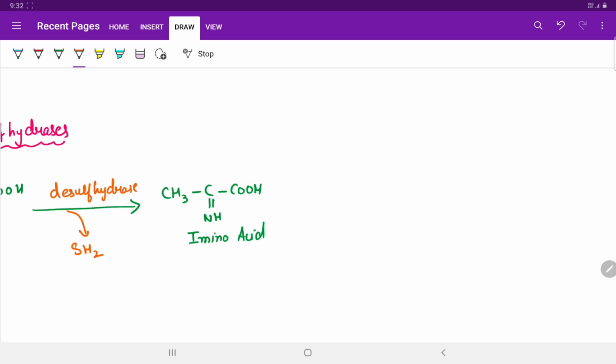This corresponding amino acid will be further subjected to hydrolysis in presence of water and liberates the ammonia. So ammonia will be removed out or deaminated and the corresponding pyruvic acid, the keto acid, will be formed. So this is the general reaction for sulfur containing amino acids.